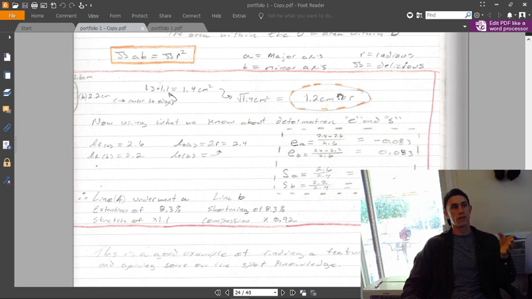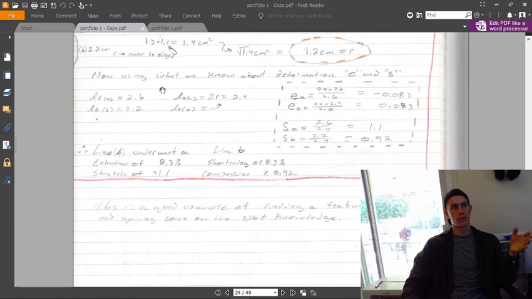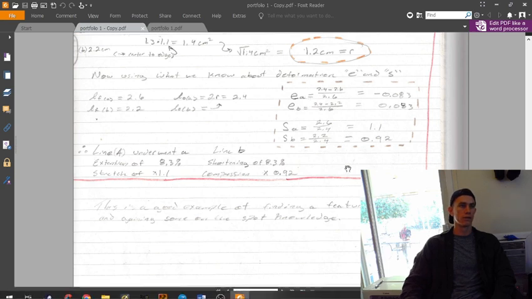Then you use the radius of the original circle to figure out the extension and stretch from there. If you're interested, you can check it out in here. It's final minus initial, that kind of stuff, of the major axis and minor axis, it's all in there.